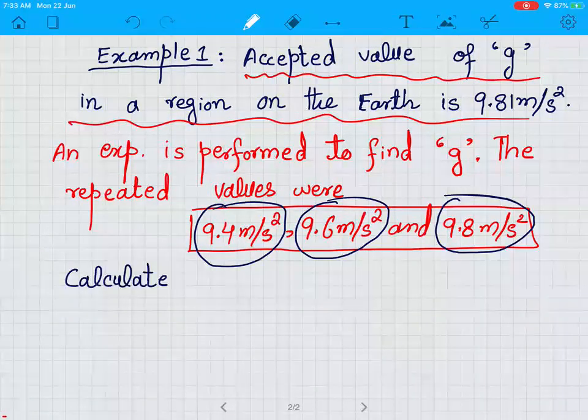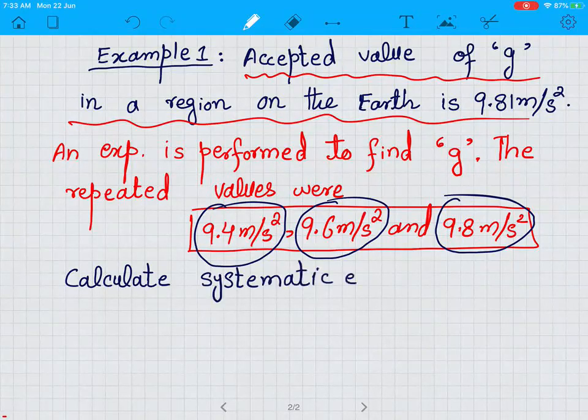calculate systematic error. Now the first step is calculate the average of the data. Calculate the average of the given data value.